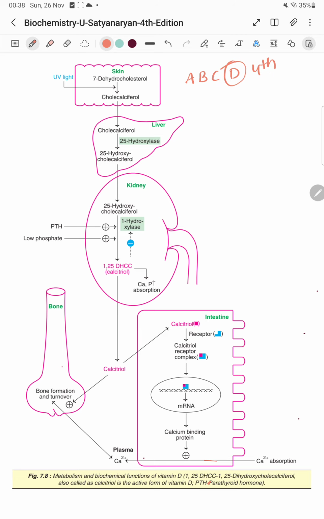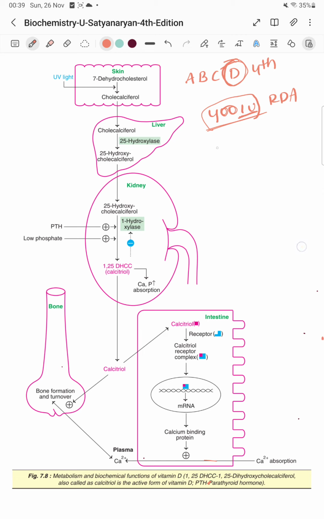So the RDA of vitamin D is 400. 400 international units of vitamin D is required per day. Remember, vitamin D is the fourth letter in the alphabet, and the units are IU, international units. Don't write mg per dL.